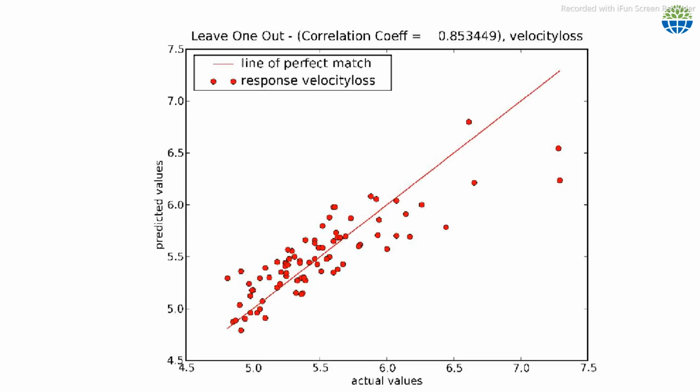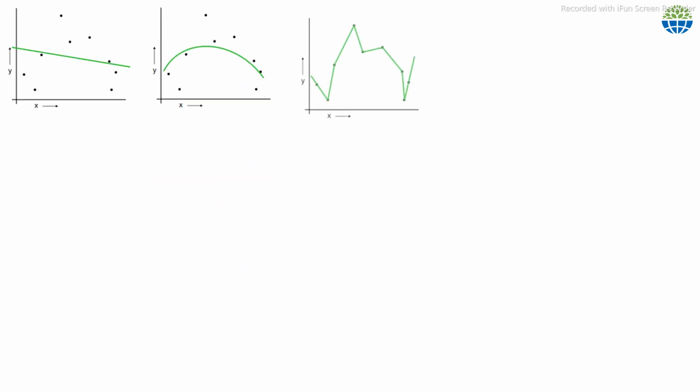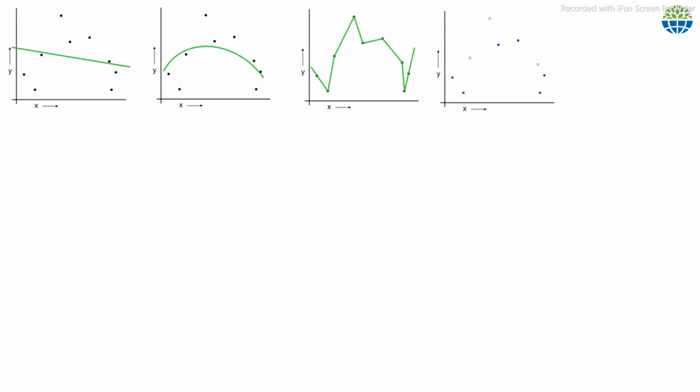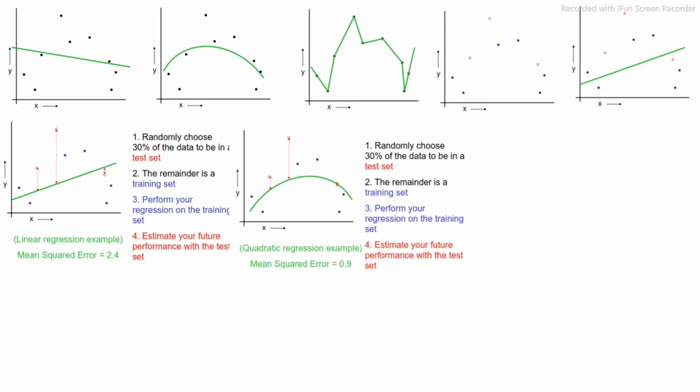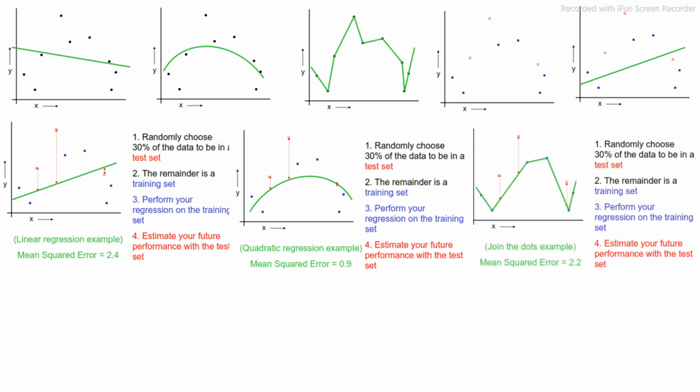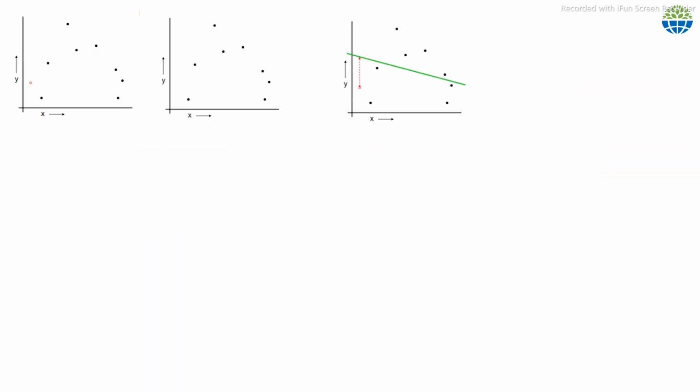Here we can take an example of leave one out, using the correlation coefficient for any type of example like velocity, speed, wind speed, etc. So you can draw inferences on that basis. Here you can take examples of different types of regression models, linear regression, quartic regression. Randomly chosen, these examples can be taken from 30% to 70%.